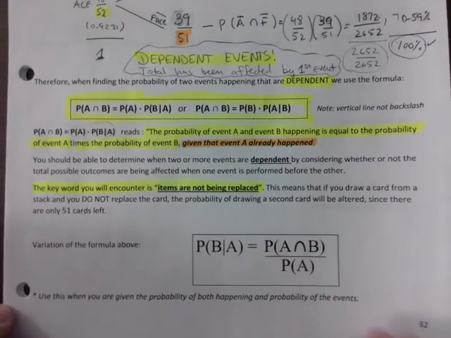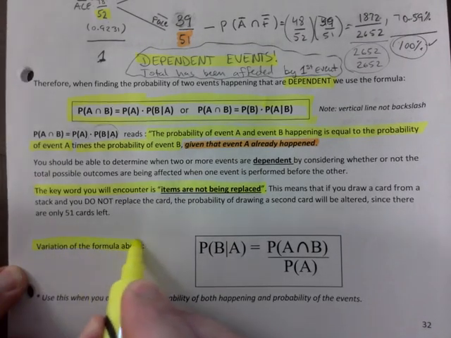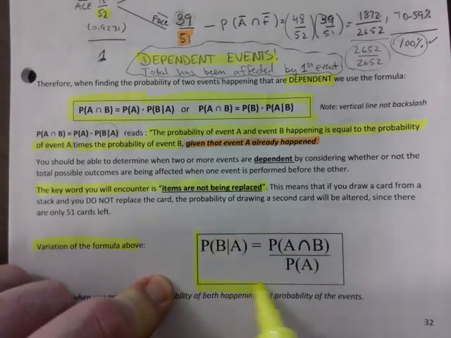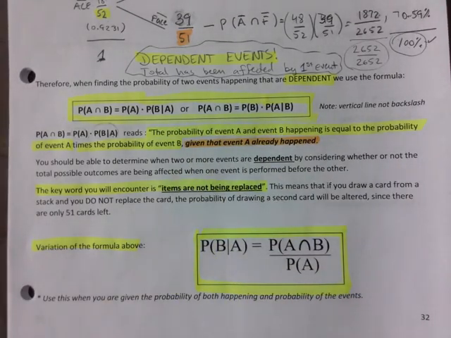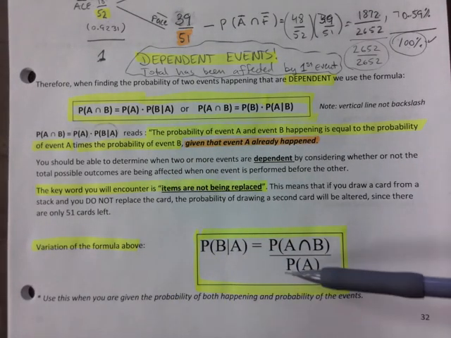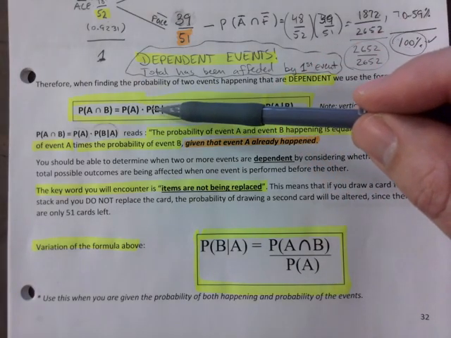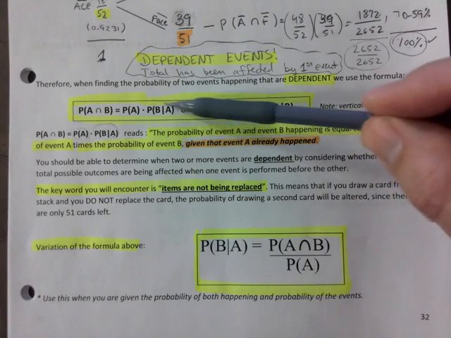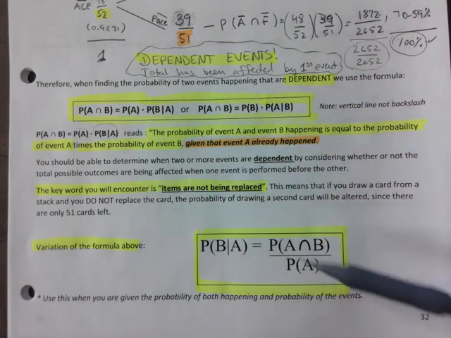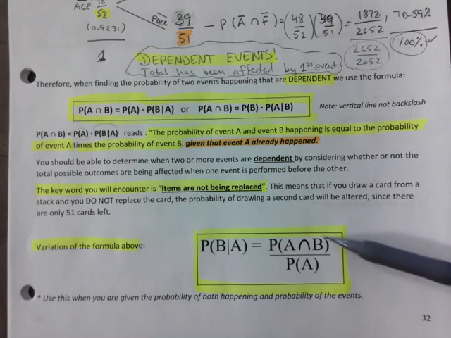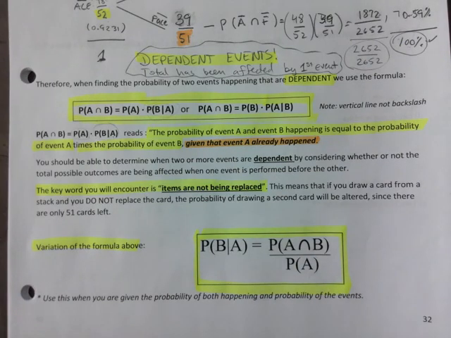I'm going to give you a variation of the formula above. This one, folks, is just me using this one and just shifting it. If you wanted to know just this one, you would divide both sides of the equation by P of A. And so sometimes you might want to use this version of it.